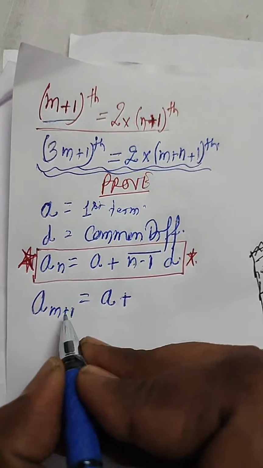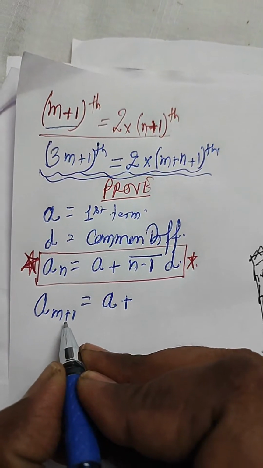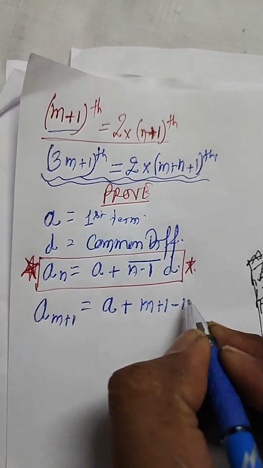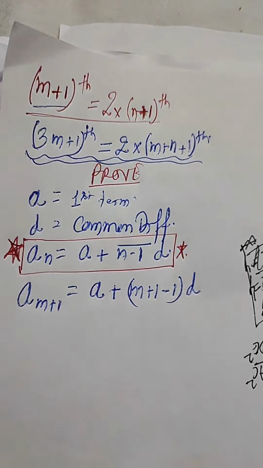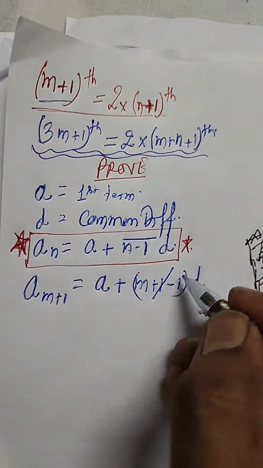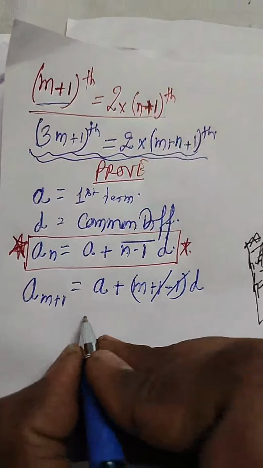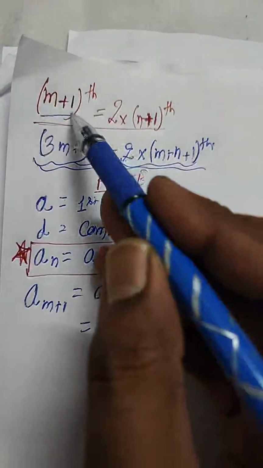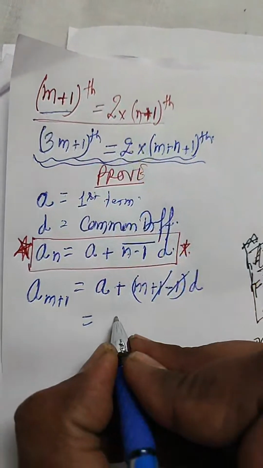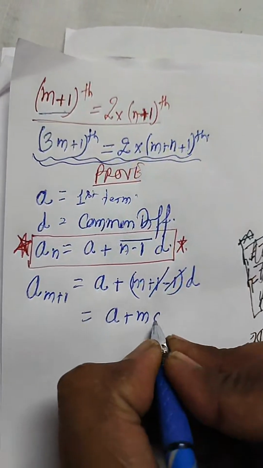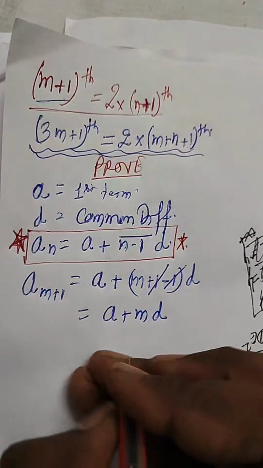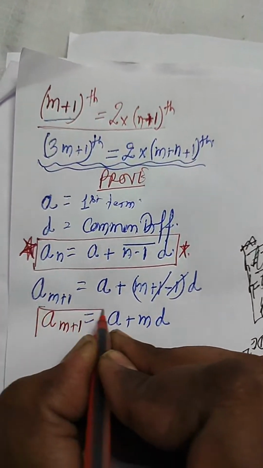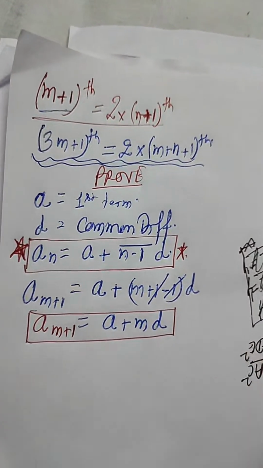In place of n, it will be m plus 1, so m plus 1 minus 1 into D. The 1 and 1 will be cancelled out, and we are left with A plus md. So this relation is derived: the value of m plus 1th term is A plus md, right?